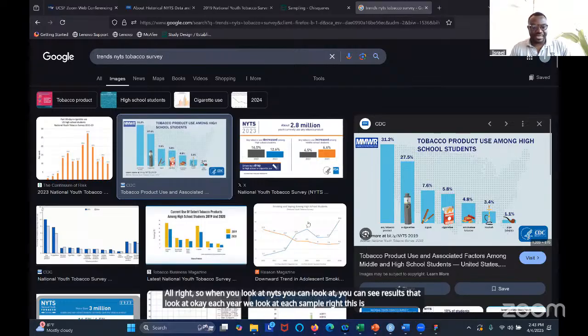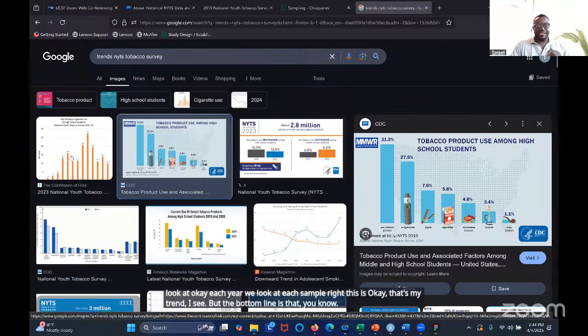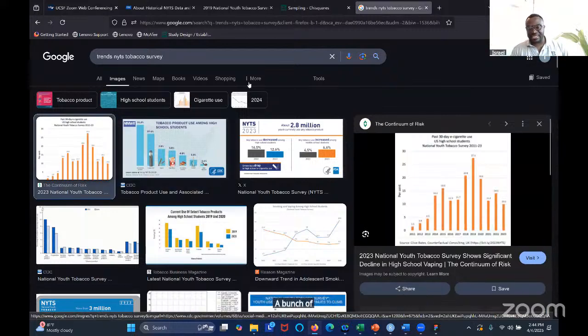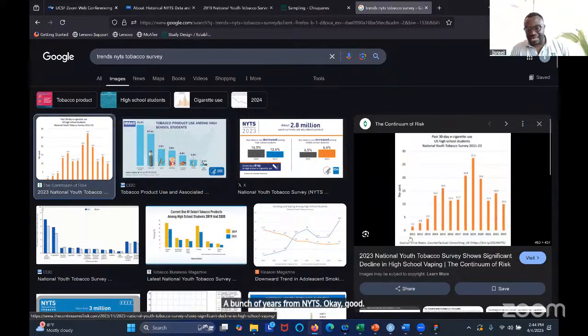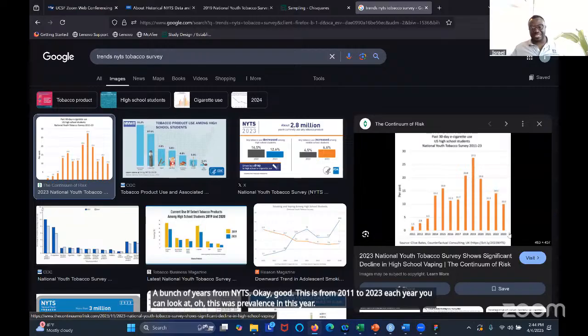Okay, that's not a trend per se. But the bottom line is that you can take a bunch of years from NYTS. Okay, good. This is from 2011 to 2023. Each year you can look at, oh, this was the prevalence in this year across time, right? So yes, you can have a repeated cross-sectional survey.